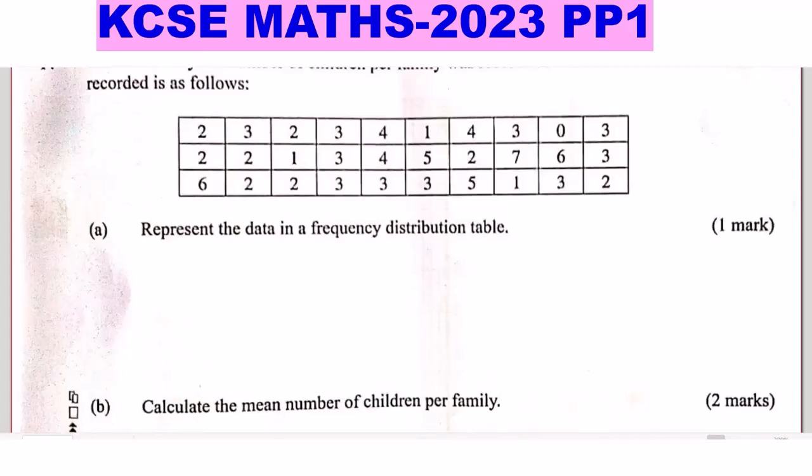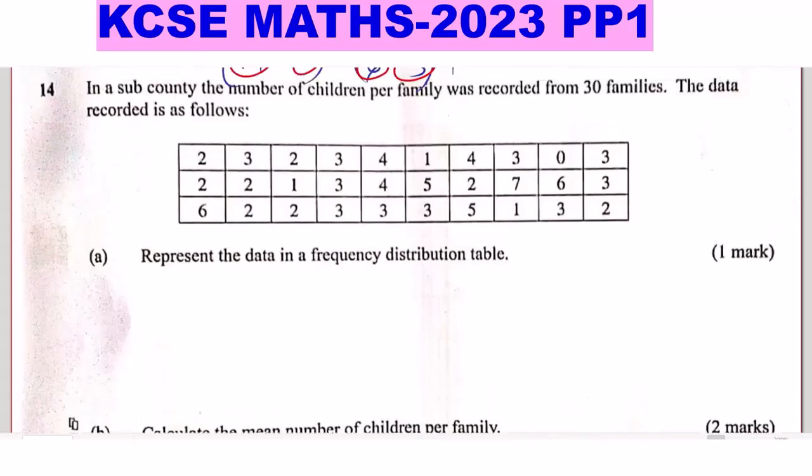So we start by representing this data in a frequency distribution table. All these values that you can see represent the number of children per family, and there are a total of 30 families. When I look at these values, the smallest is 0 and the largest is 7. So let me prepare the table.